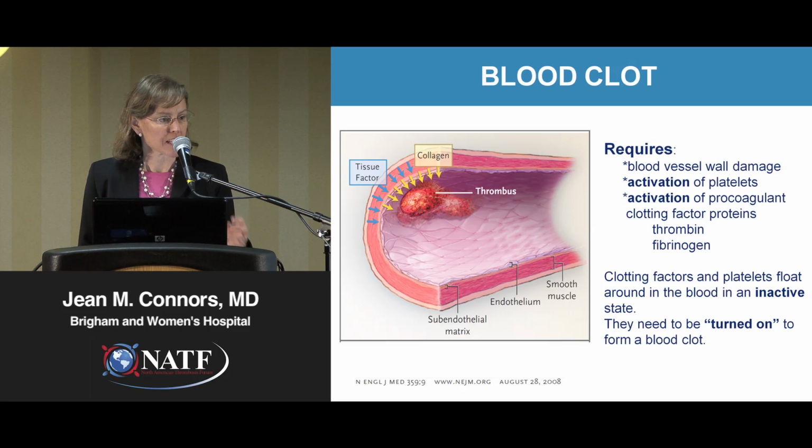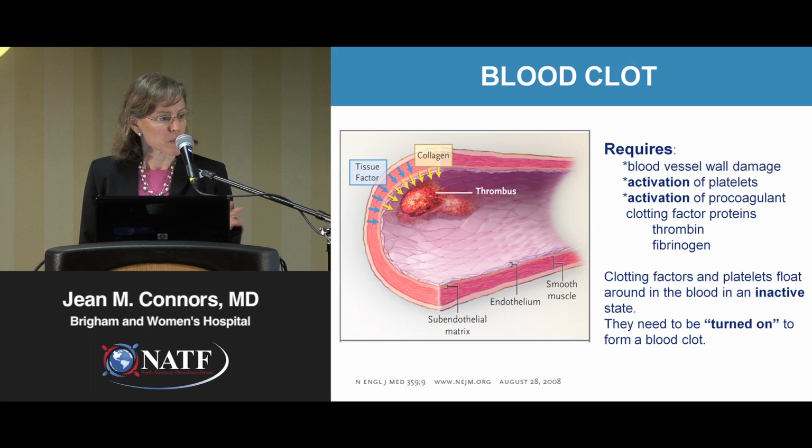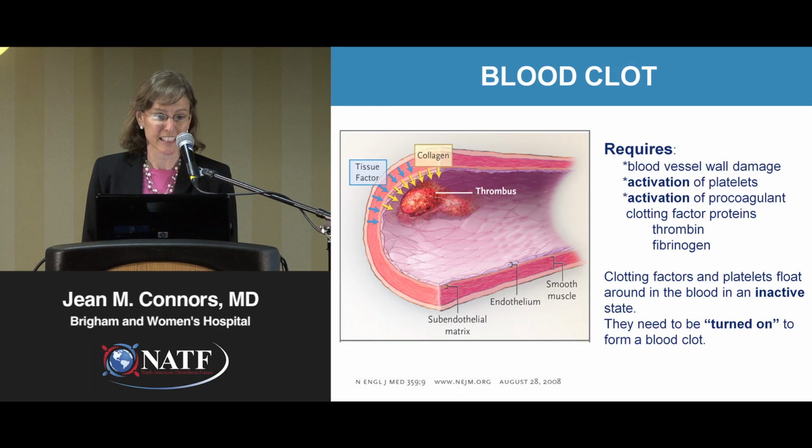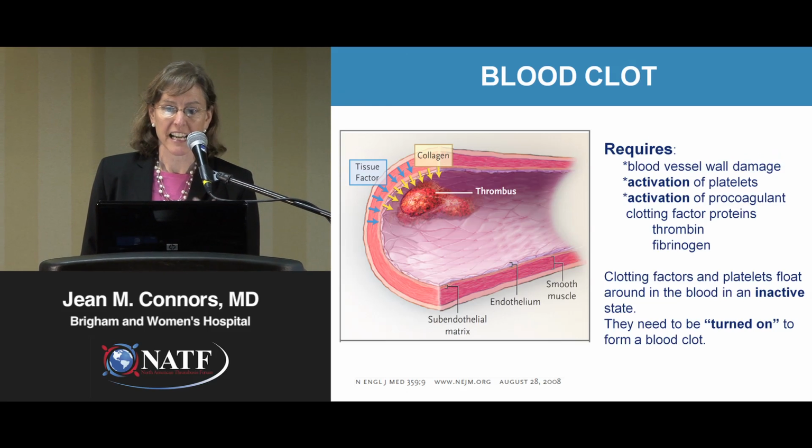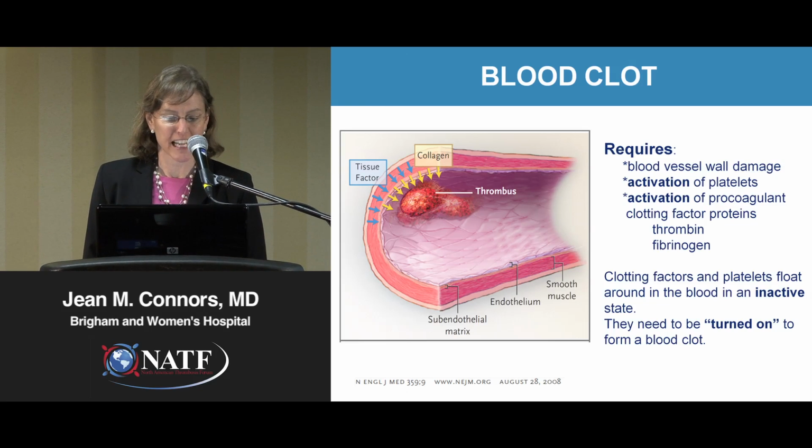In order for a clot to form, there has to be some sort of mechanism that activates the platelets and the clotting factors. These mechanisms can be a cut, such as a surgical cut in a blood vessel, or trauma from falls. Often, things that interfere with the smoothness of the blood vessel lining cells, such as atherosclerotic plaques, can trigger activation of the platelets and the clotting factors.